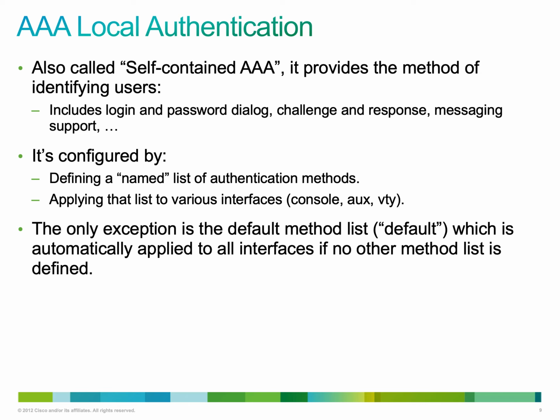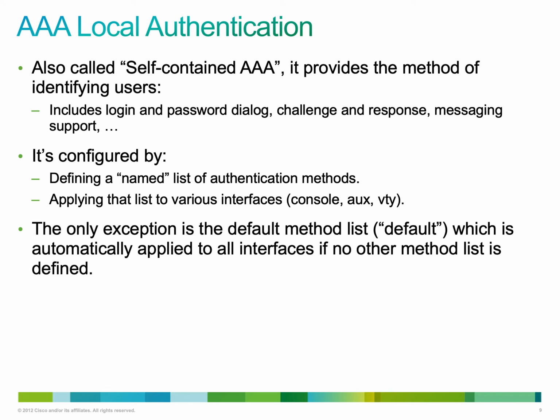So this is for the local user, and it's configured by defining the named list of the authentication methods. You must define the named list of all the authentication that you're using, and also apply that list to the various interfaces you are configuring.